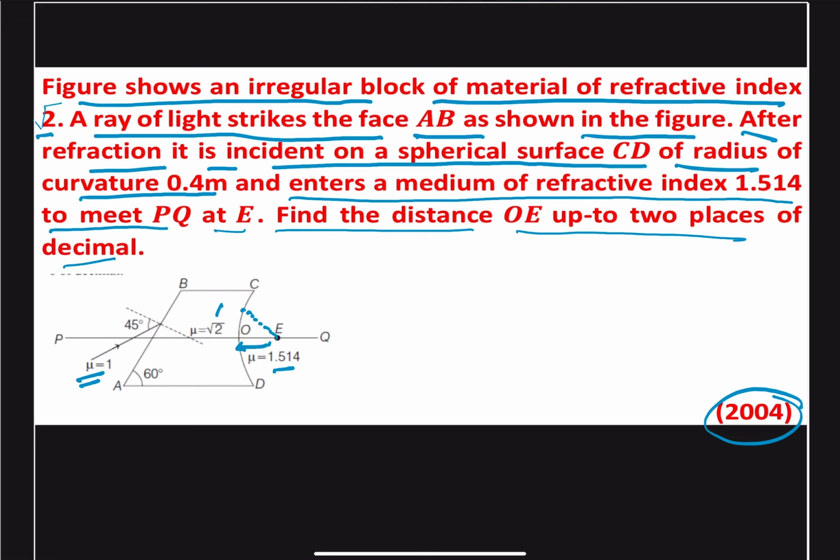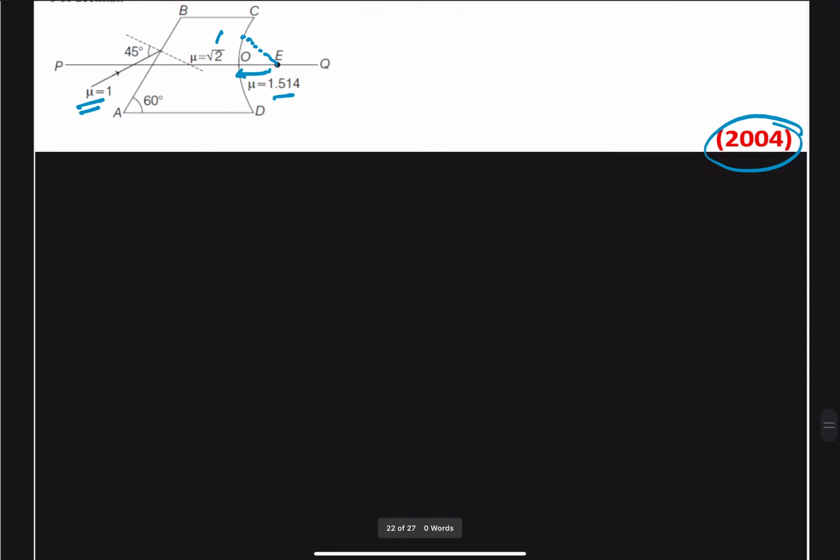So first of all, let's find out what will be the angle of refraction at surface AB. For that, we can just draw an approximate figure. So we have a surface AB.